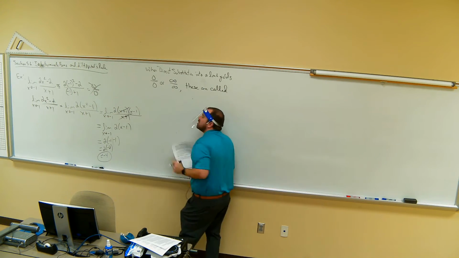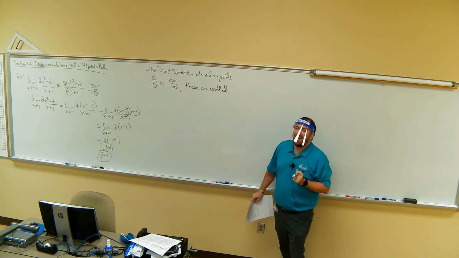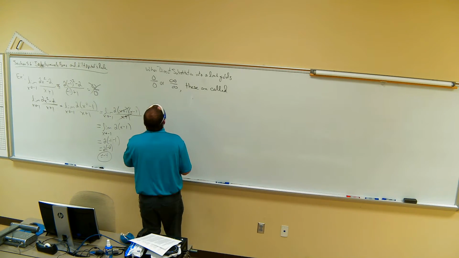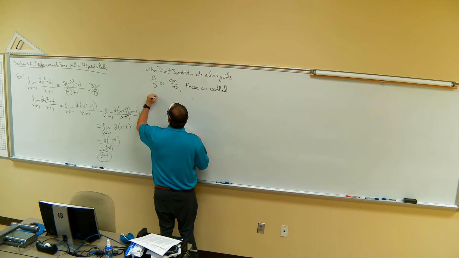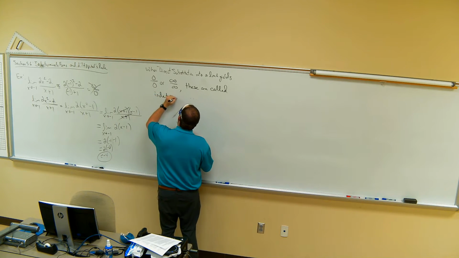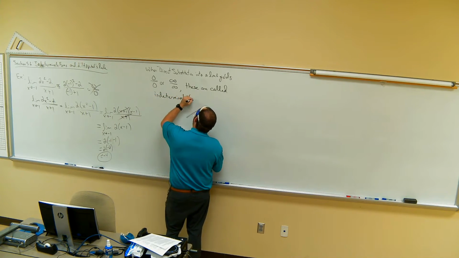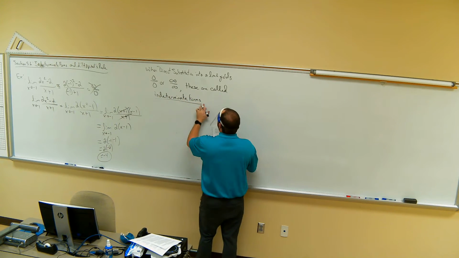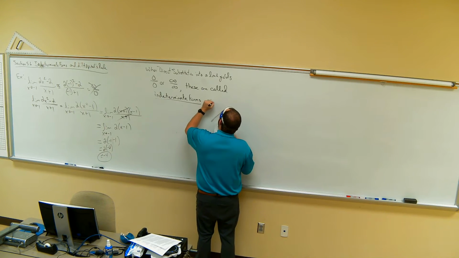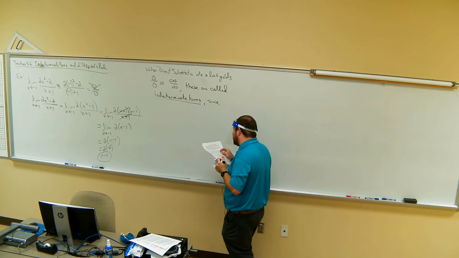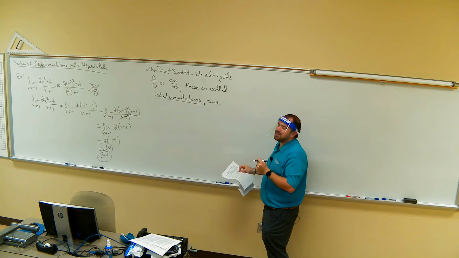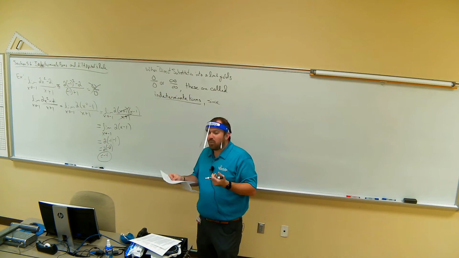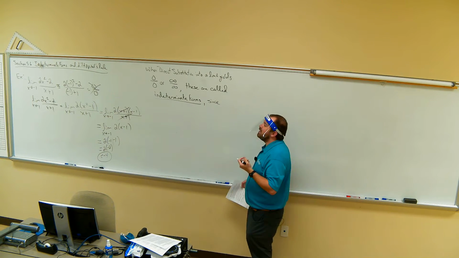These are the only two indeterminate forms you can have. 0 over 0 or infinity over infinity are the only two indeterminate forms. The reason we call these indeterminate forms is they don't guarantee the limit exists, but they also don't tell you what the value of the limit is if it does exist.